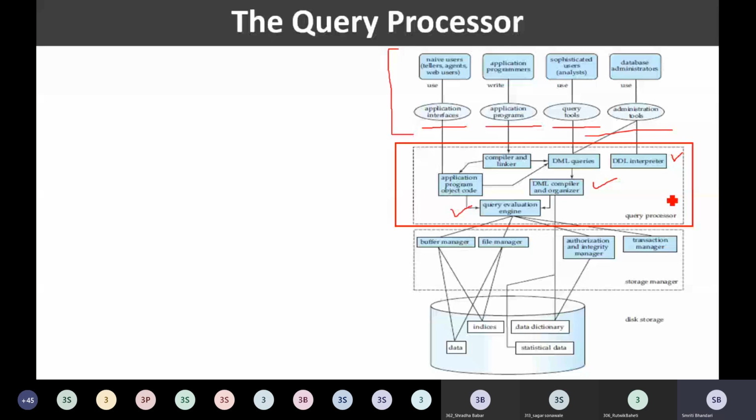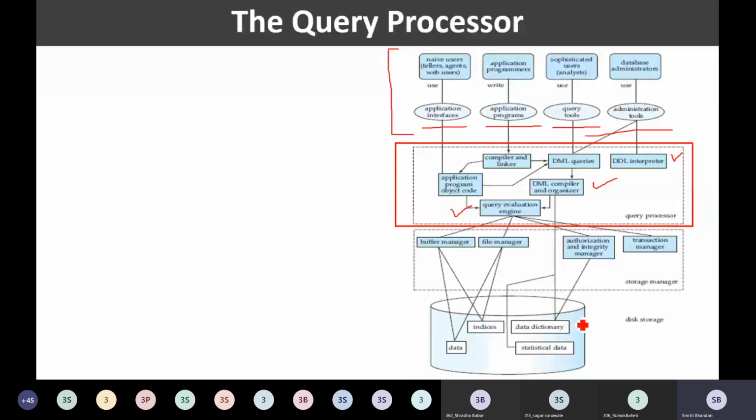So the DDL interpreter converts the DDL statements into low-level details that can be understood by my database system, and then that is stored in my data dictionary.